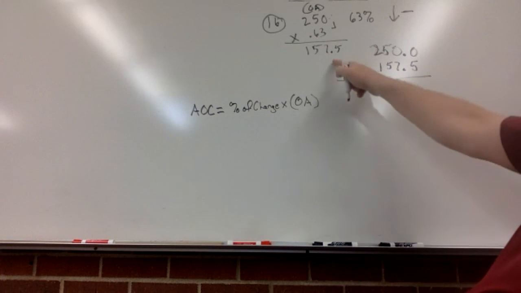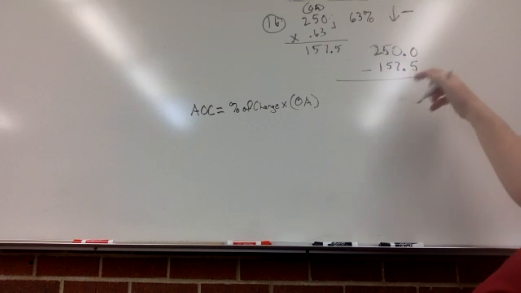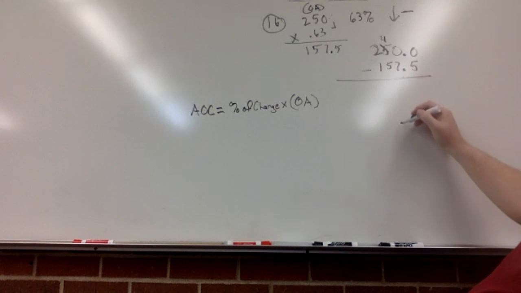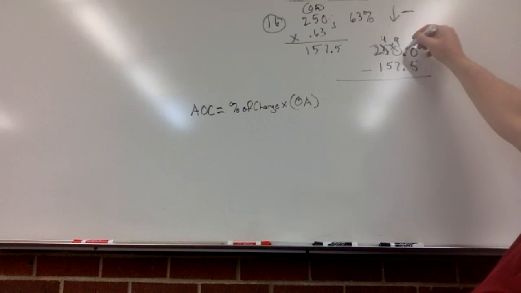Now, I have to be careful because I have a decimal. When I have a decimal and I add or subtract, I need to line up the decimals. 250 didn't have a decimal, so I had to add one and then add a 0 behind it so I could subtract it. Borrow from the 5, make it a 4, make that 10, and then borrow from that and make it a 9.